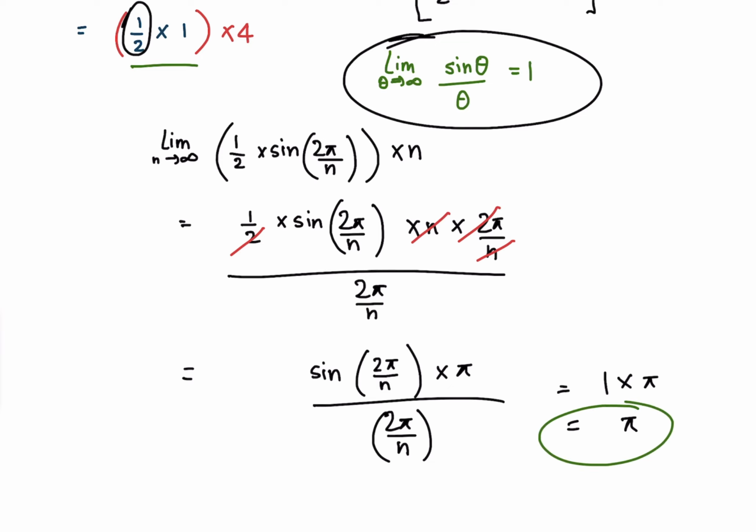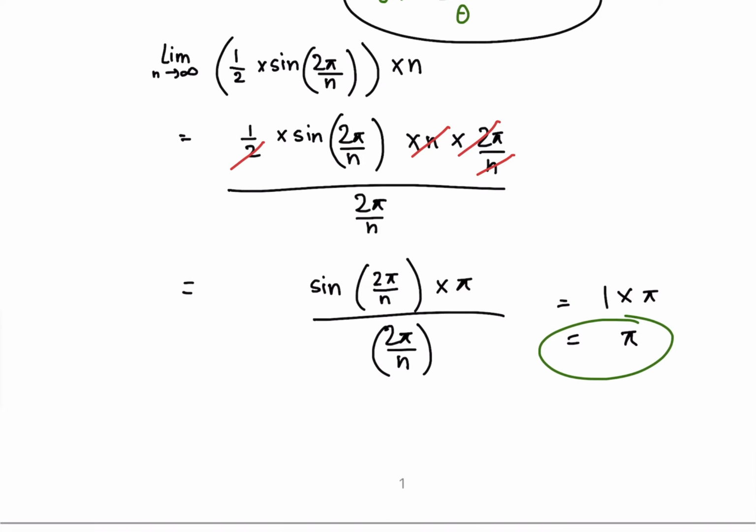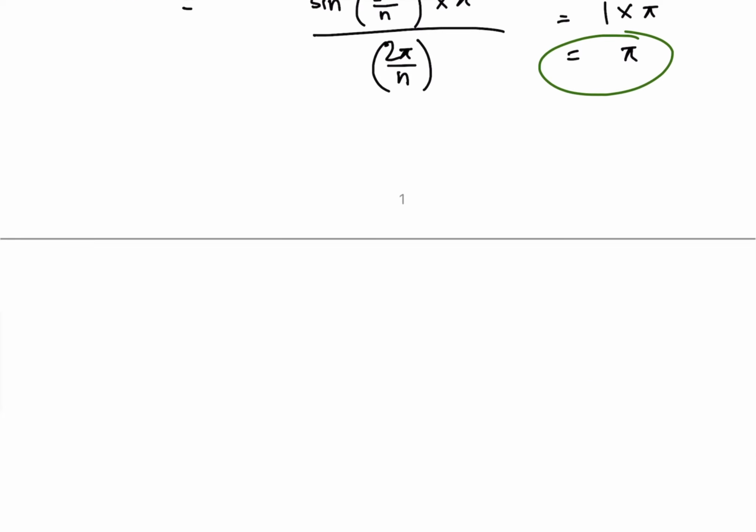Now, if you've been following along, this would probably make a lot of sense. And even if you didn't, I'll explain why this makes a lot of sense. We all know that the area of a circle is pi r squared. Now over here, our value of r is 1. So this would be pi times 1 squared, leaving us with pi.